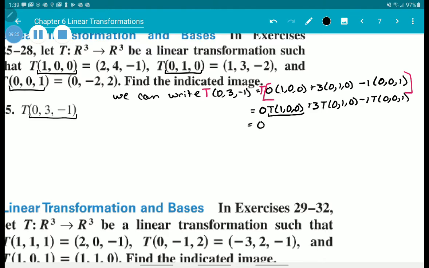So the transformation of I is 2, 4, negative 1. The transformation of j is 1, 3, negative 2. And the transformation of k is this guy, 0, negative 2, 2.